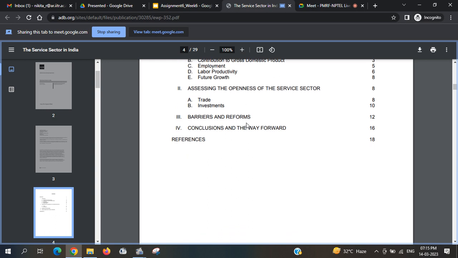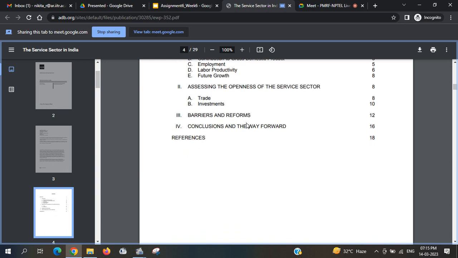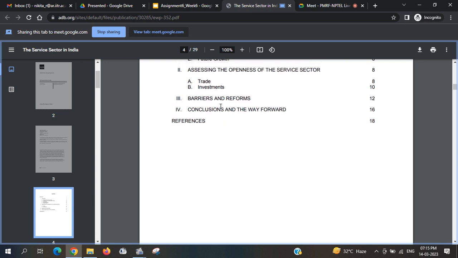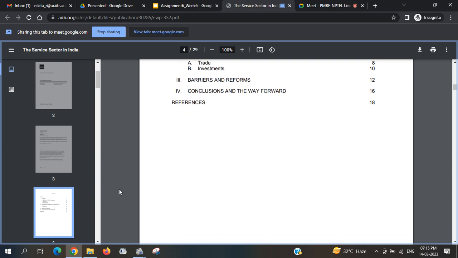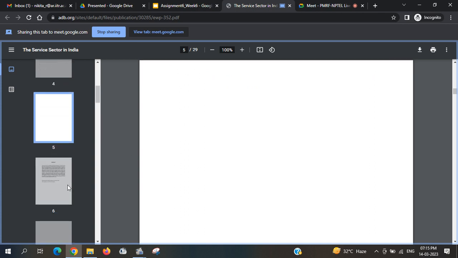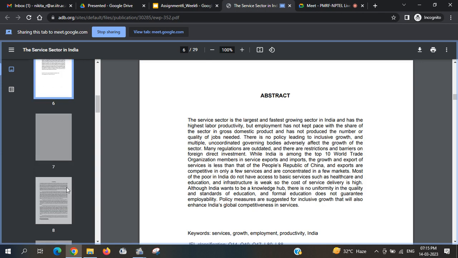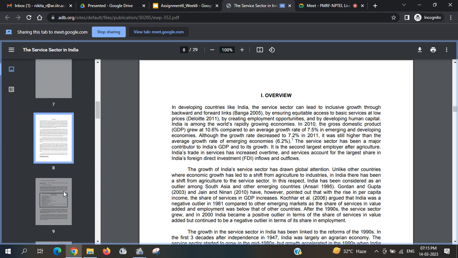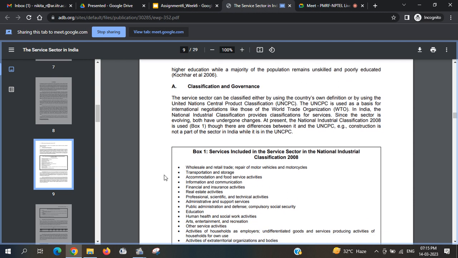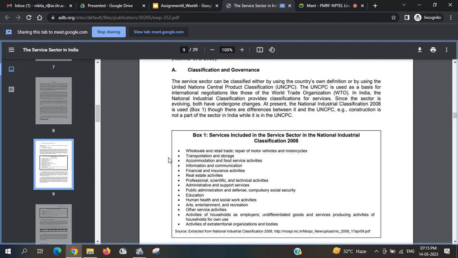And then there is also a section on assessing the openness of the service sector in India, and then a little bit about different barriers that exist and the reforms, followed by conclusions section and the way forward for Indian economy, specifically the service sector in India. So for example, you can see here the classification and governance.